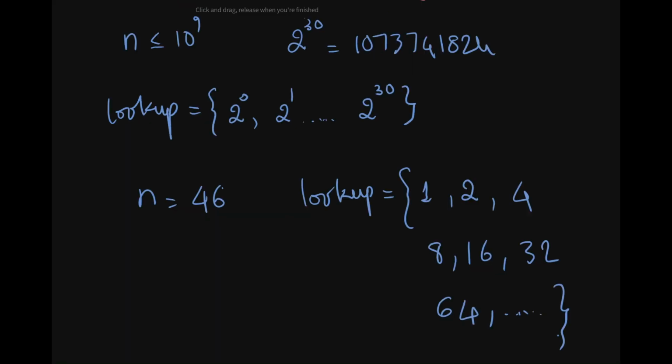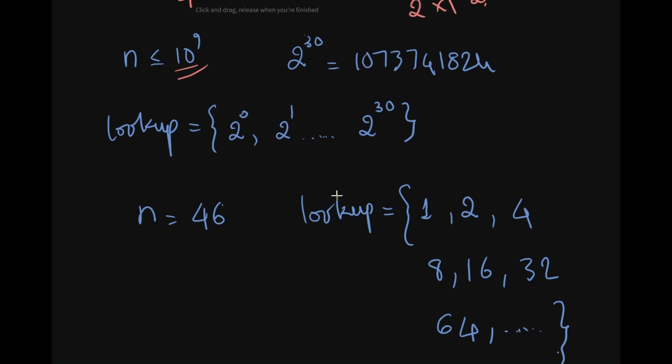Right, so now let us look at the optimal approach. For the optimal approach, we get a hint from the constraint. Remember that in the problem's description, it says that n should be greater than or equal to 1, and the upper boundary is 10 to the power of 9. So we determine that the closest power of 2 is 2 to the power of 30.